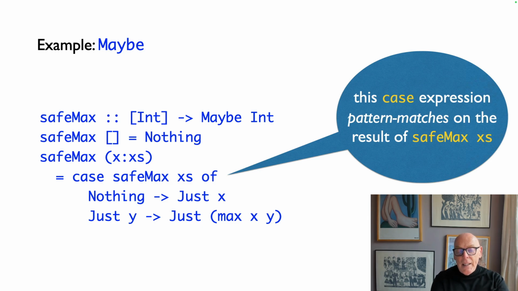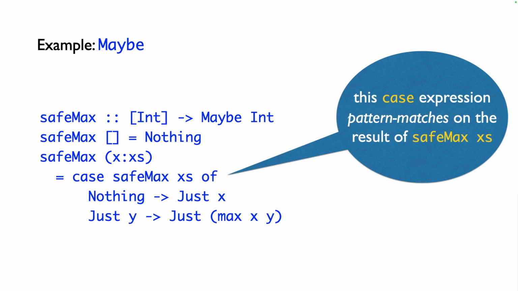So the answer in the case that xs is empty is Just x. The answer in the case that xs does have a maximum, which is y, is Just (max x y). But emphatically, the answer to this function is a Maybe Int. It's not an Int. And as you see, when I called safe max here, I had to deal with the fact it might be Nothing. It might be Just x.